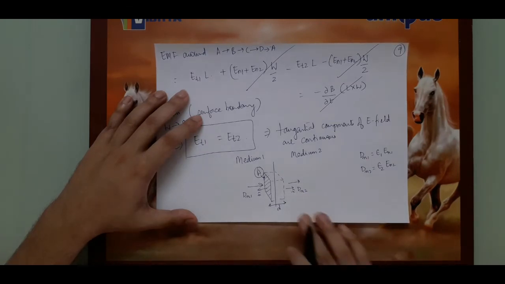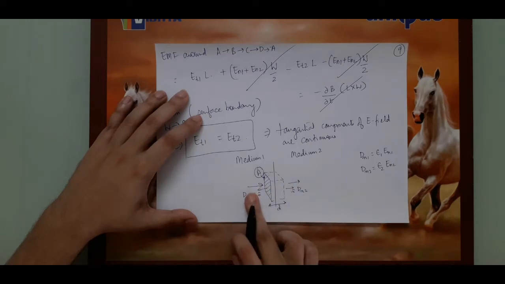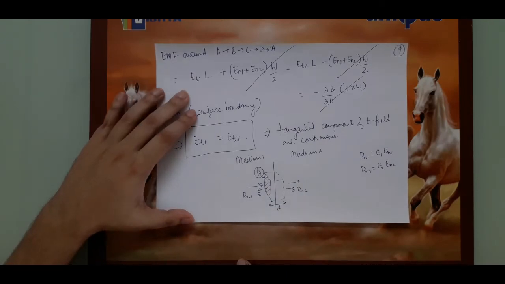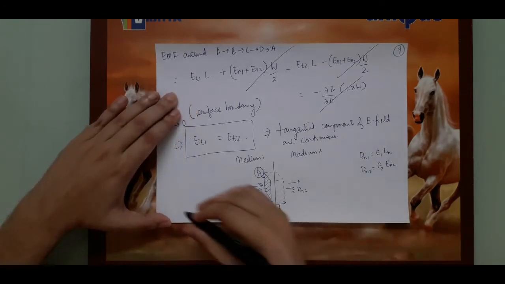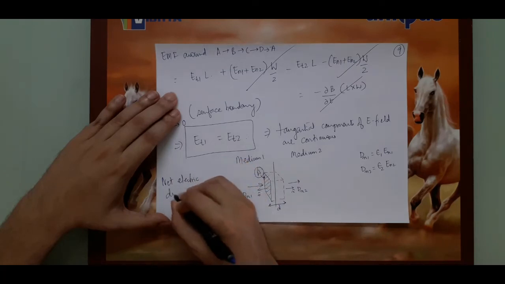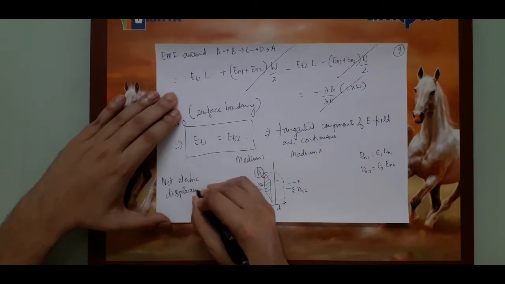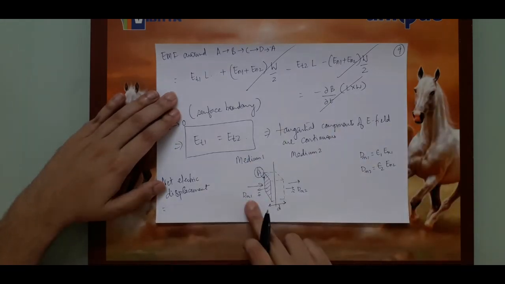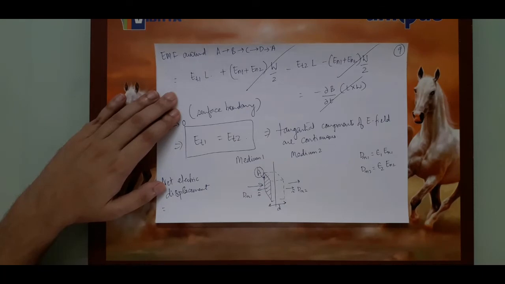So in that case you will see the net electric displacement on either side will have a minus sign difference. So therefore I can say that the net displacement, that is nothing but, if you remember, the integral of D with the area differential.